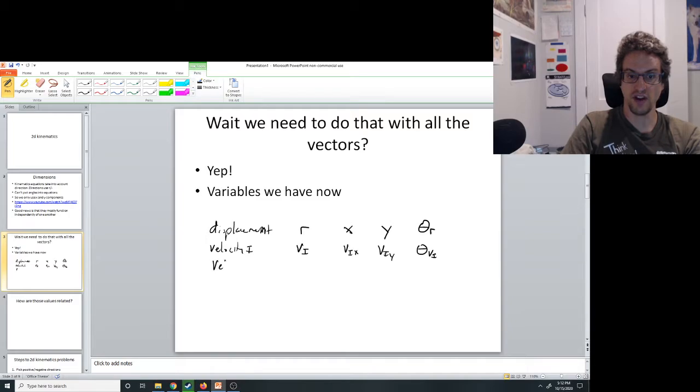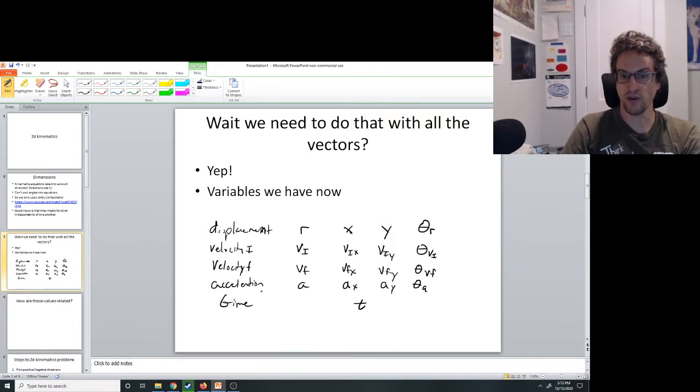For final velocity, we've got v final, v final x, v final y, and theta of v final, and same thing for acceleration. Now, good news is for acceleration, you almost never really have to deal with it being at an angle, but we have it. And finally, we have time. Time is not a vector, so there's only one value for it.